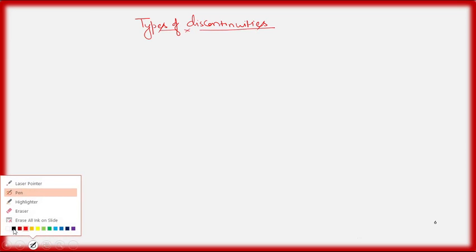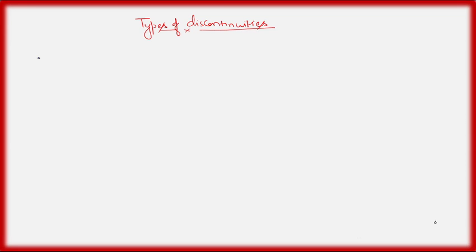A discontinuous function may be of the following types.